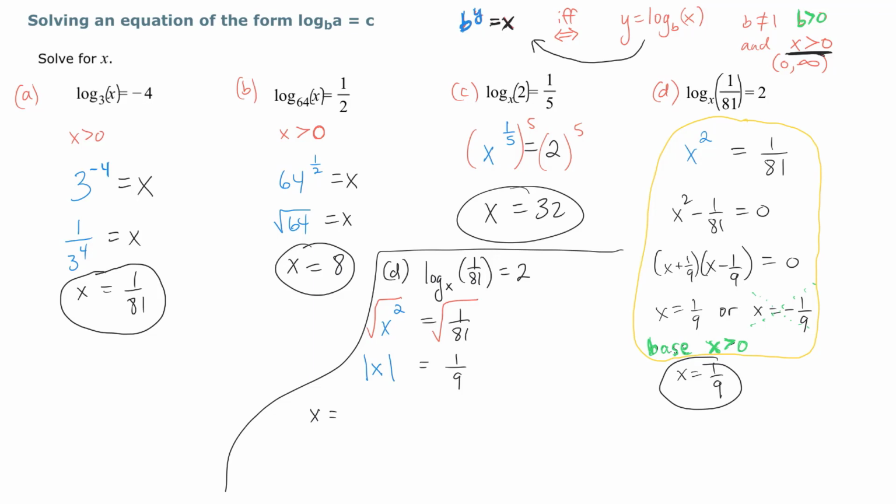X equals 1/9, or x equals -1/9. And notice we're back at the same spot. Once again, we're at the point where base x has to be greater than 0. And so that leads you to lightly cross this one out. And then we have x is finally equal to 1/9. And I could circle that as the final answer.